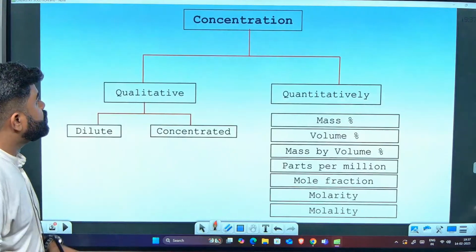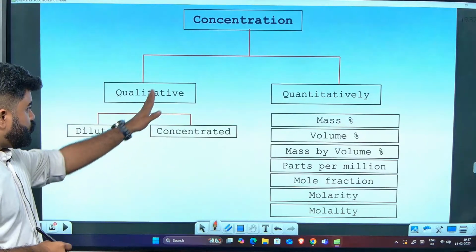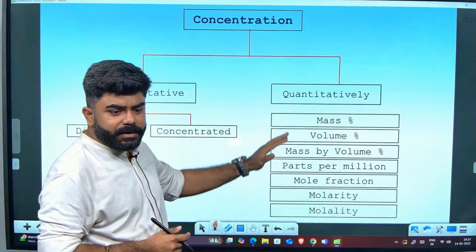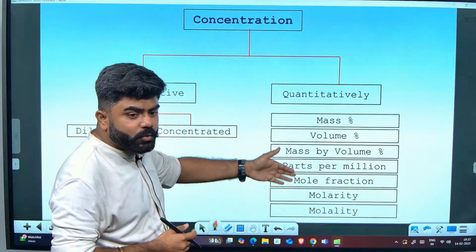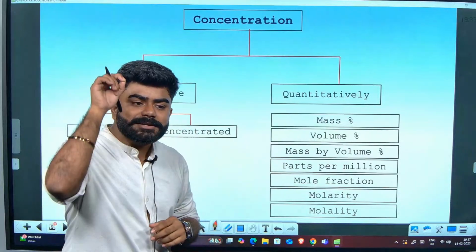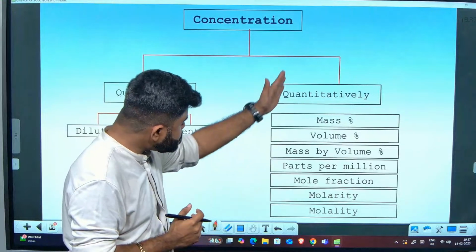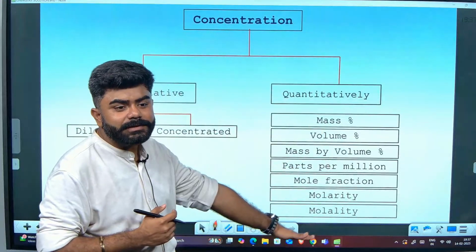Now, I told you qualitative is this, and quantitatively we will be able to predict the exact concentration of the solution. How? By using these concentration terms.